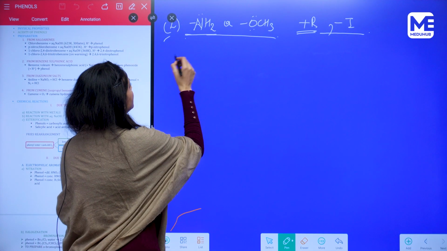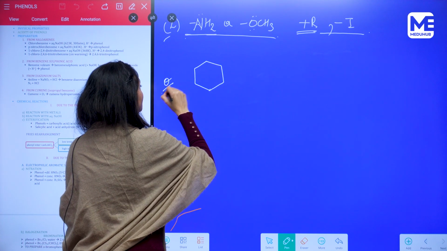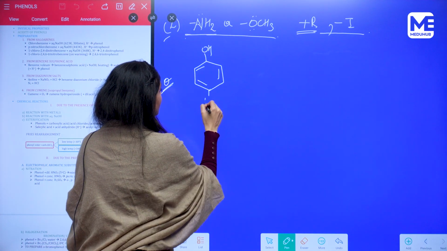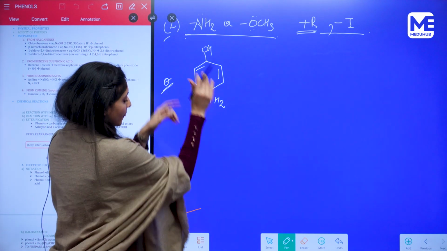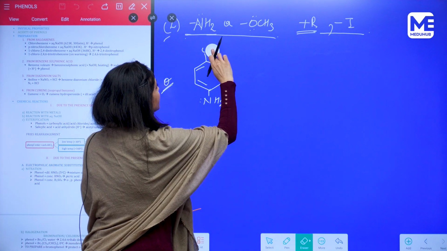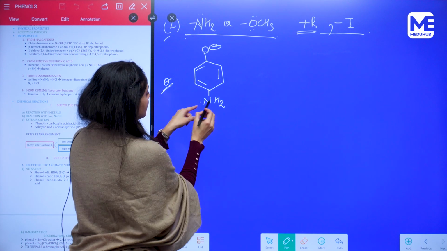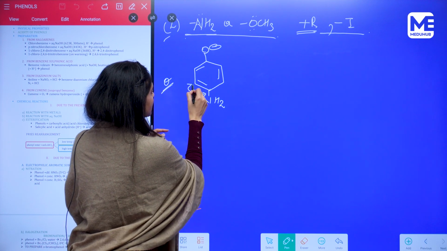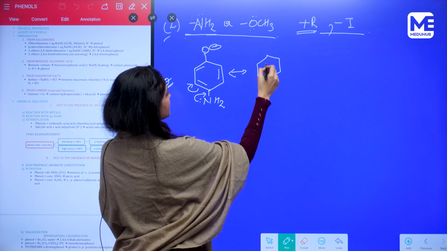So if we talk about, let's say, an orthoisomer here, we have phenol, NH2 here. Now, talking about the stability of the phenoxide ion, let me make it the phenoxide ion. This would want to come into resonance because of the plus R effect.